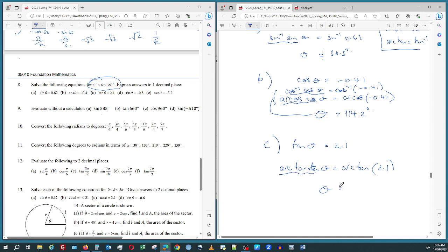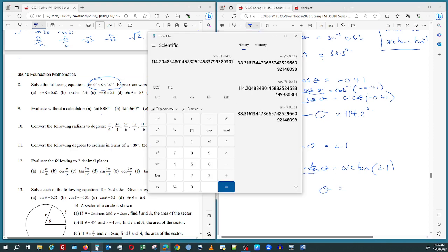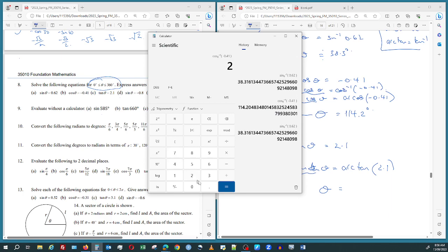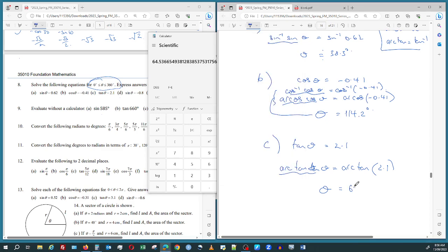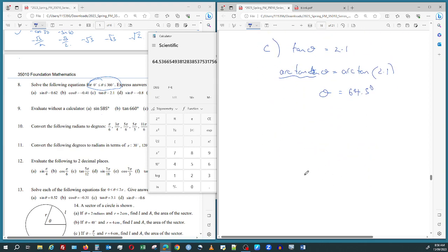So theta is arctan or tan to the minus 1 as it shows up on the calculator. So 2.1, second function, there it is, tan to the minus 1. So it's 64.5 degrees. Nothing too dramatic about those. What else have we got?